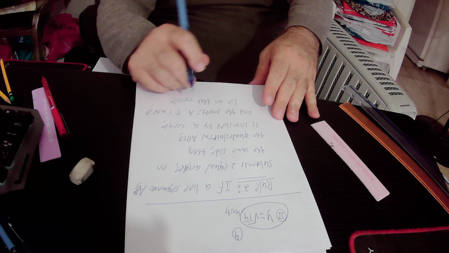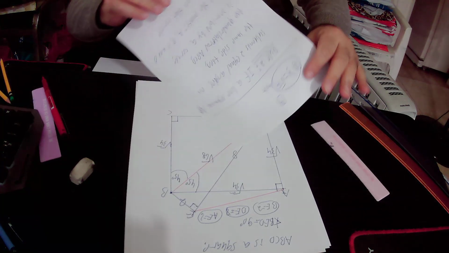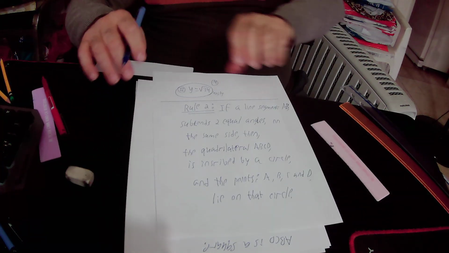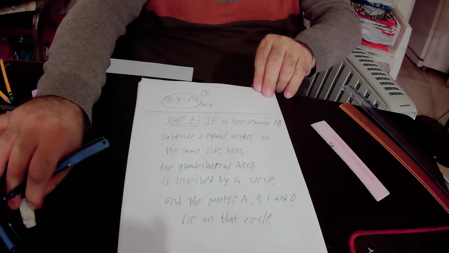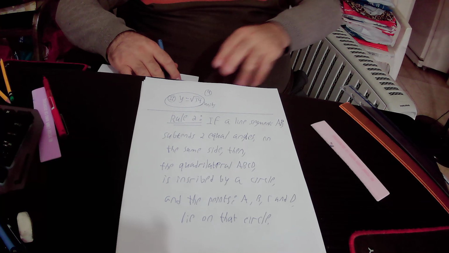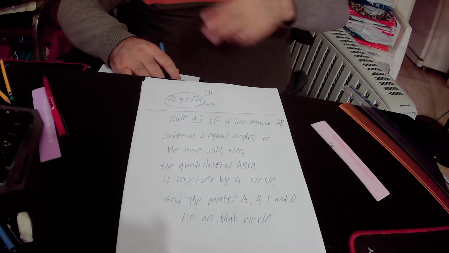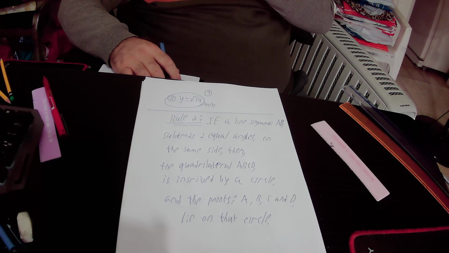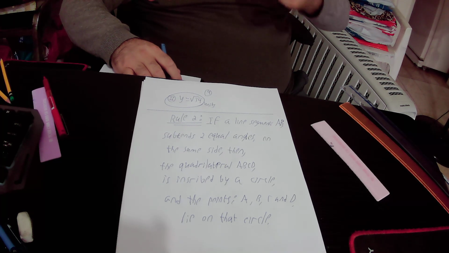So I will read rule number 2 again. Rule number 2 states that if a line segment AB subtends two equal angles on the same side, then the quadrilateral ABCD is inscribed by a circle, and the 4 points A, B, C, and D lie on that circle.